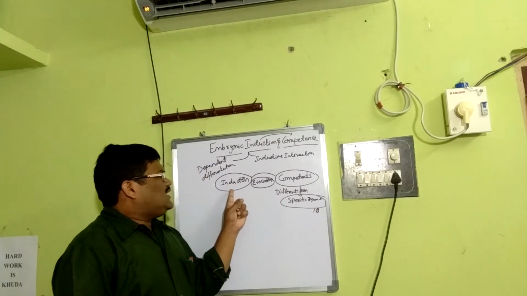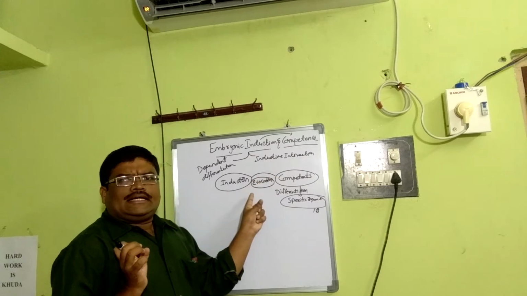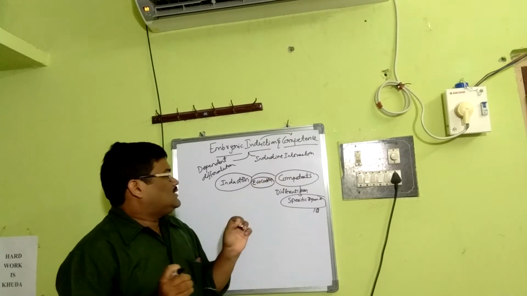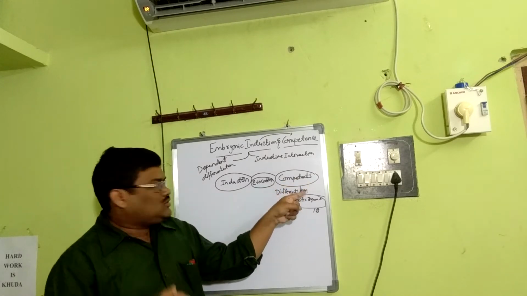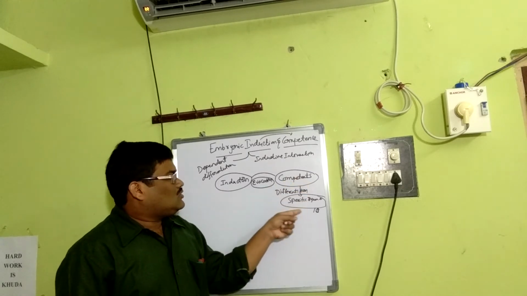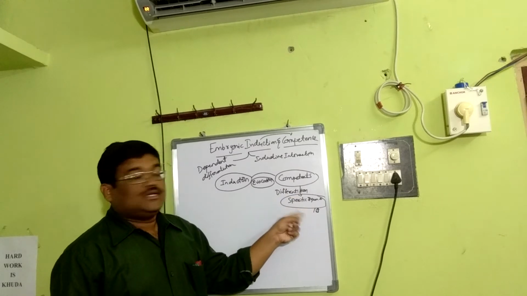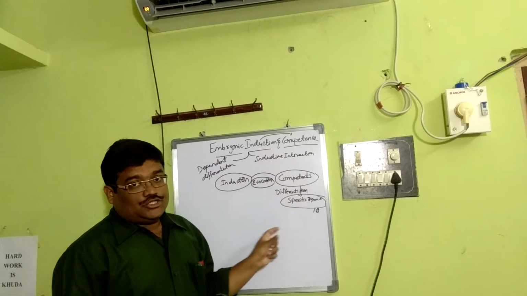So inductors, through chemical stimulus, evocators, act on what we call receptive tissues, the competent, so that they can differentiate into specific organ types. These are about embryonic induction.